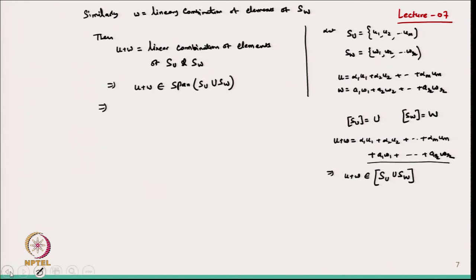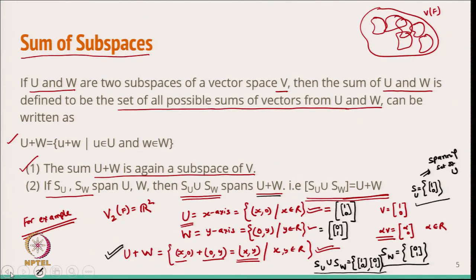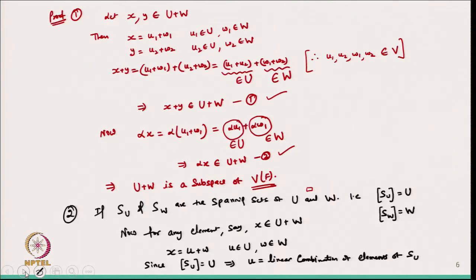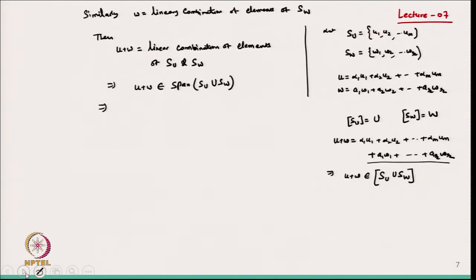So, what we have, starting with the span SW, is basically the span of the whole element. Okay. Now, you choose any element U plus W; that will be spanned by the elements from this one.